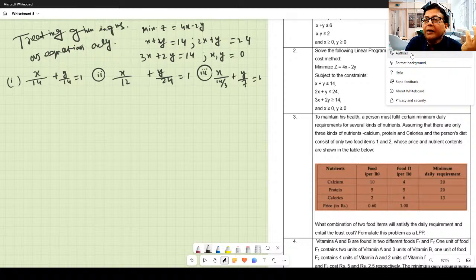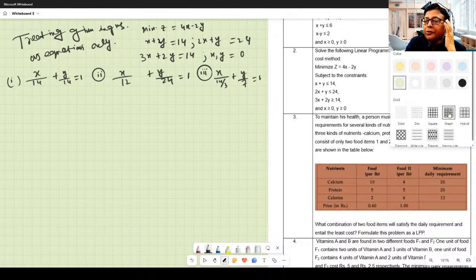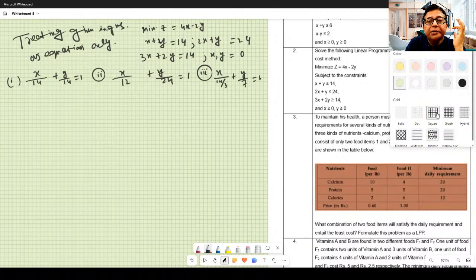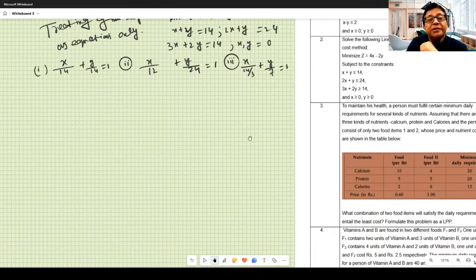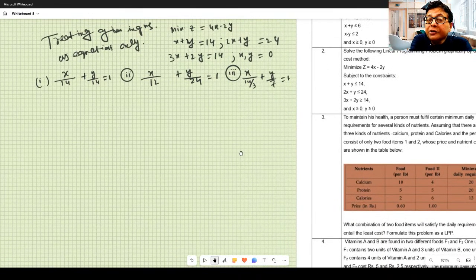Or that millimeter graph, you can use. This kind of graph will help me now to get it quickly. I'll assume that 3 small squares is equal to 1 unit. Then there will be no flaw, I am telling you. Got it? The very important concept here. If fraction arise, hope it will not come in board paper, but if it comes, then there will be problem.